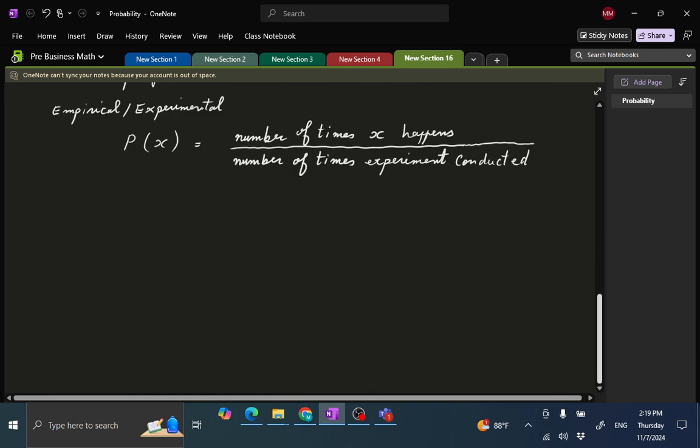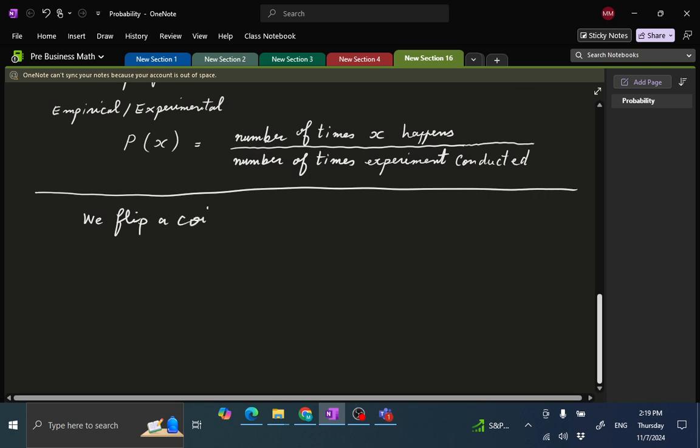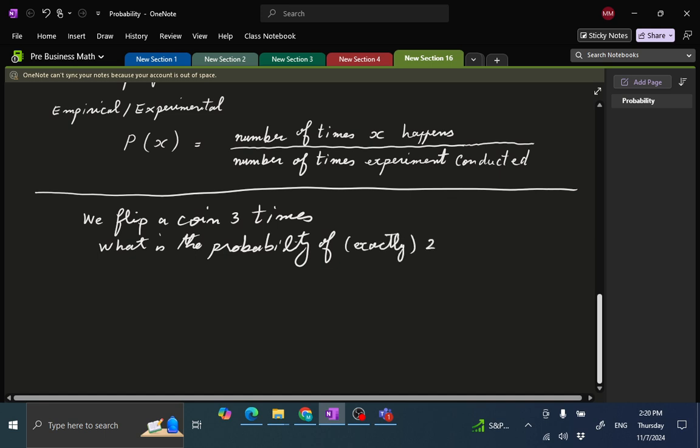So the first problem that we are going to take a look at is: we flip a coin 3 times. What is the probability of, now let me write this in parentheses, exactly 2 heads.